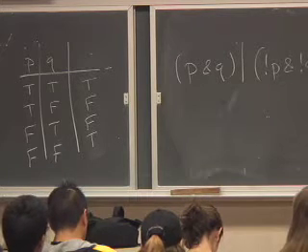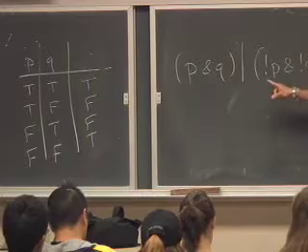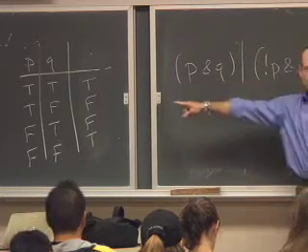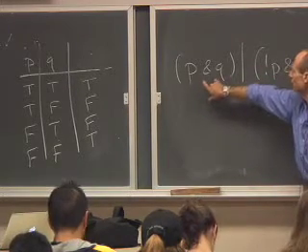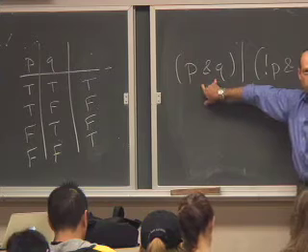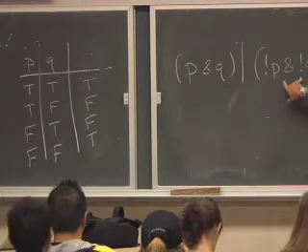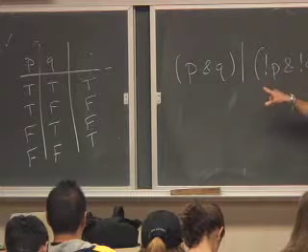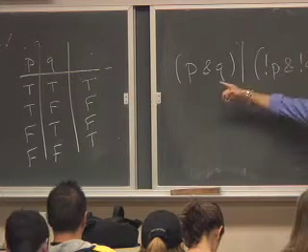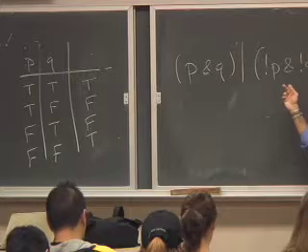Both or neither. It's true if both P and Q are true. It's also true if both P and Q are false. But if only one of them is true, then both sides are going to be false.